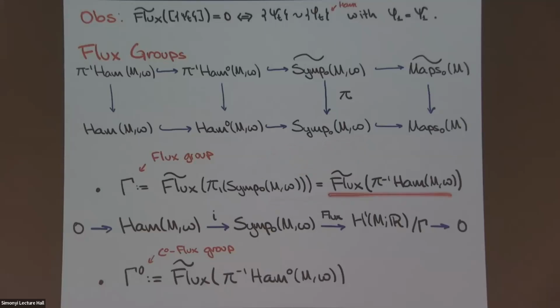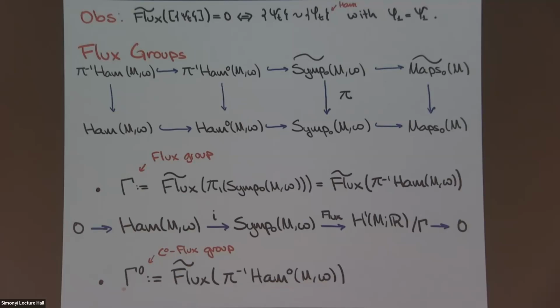And the reason why I wanted this equivalent definition is because now it becomes a lot easier to define the C0 flux group, which is the same thing, but now we're looking at the preimage of Ham_0 instead of Ham. So for the topological flux group and for the usual flux group, we have this very nice description of fluxes of loops, either loops of smooth maps or loops of symplectic diffeomorphisms.